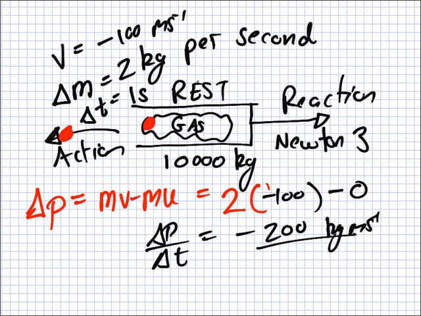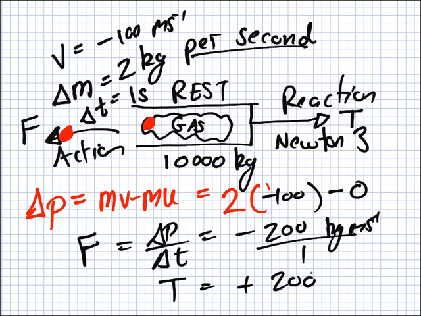It's per second. It's 1 second. So that's divided by 1. But what is delta P over delta T? Force. So this force here, this thrust, will be the same as this force here that the gas experiences. So you end up saying the thrust is plus 200 newtons.